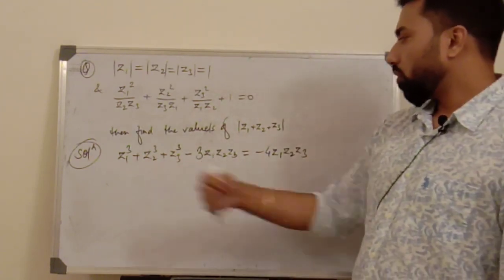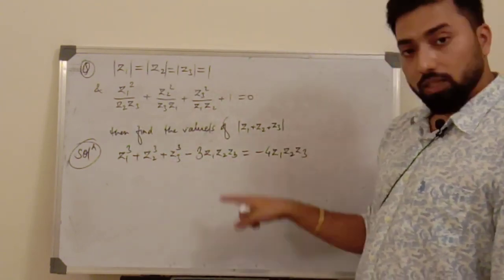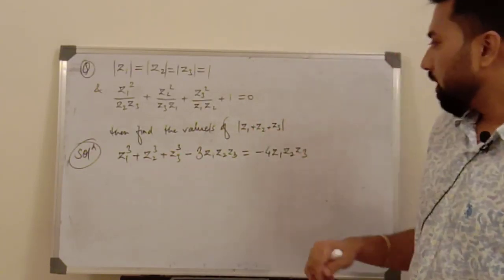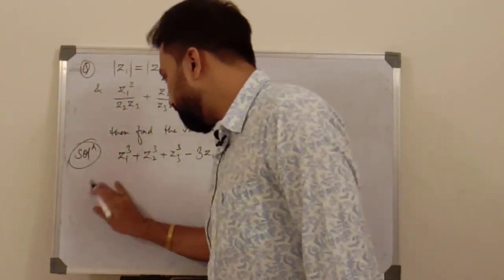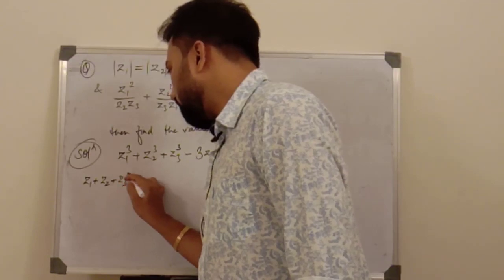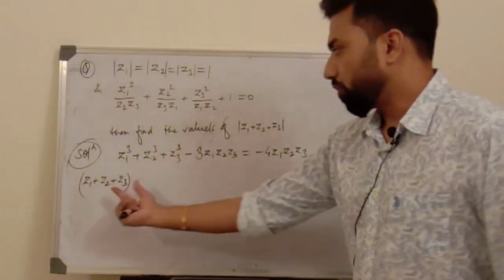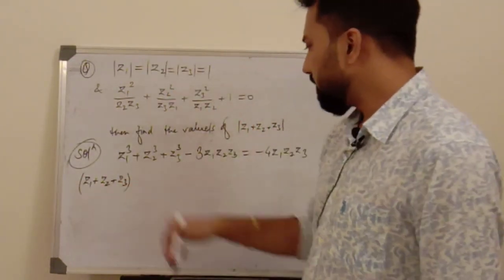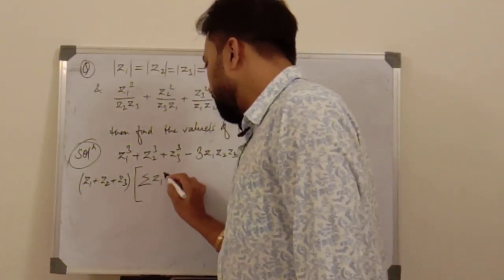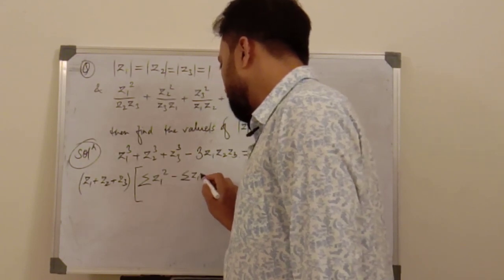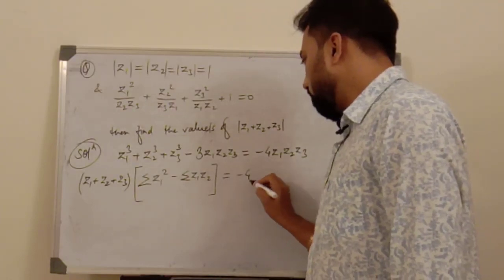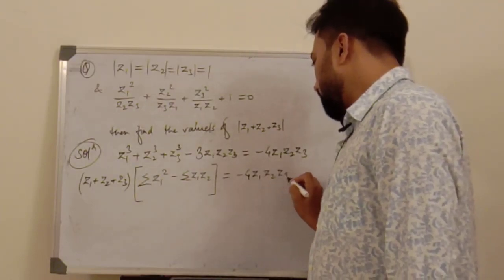Now we know the formula. Why have I done this? Because I had to generate this thing, that's why I subtracted here. Now we know that the formula is z1 plus z2 plus z3, and this thing gets generated over here, right? After that we have sigma of z1 square minus sigma of z1 z2, equal to minus 4 z1 z2 z3.